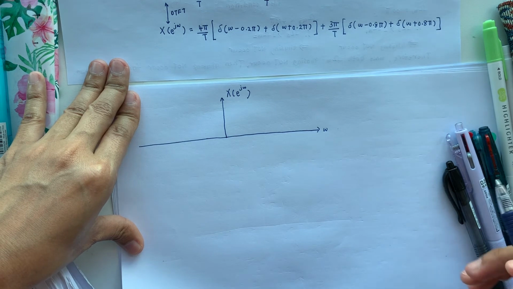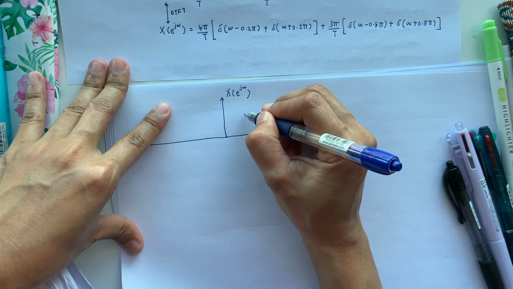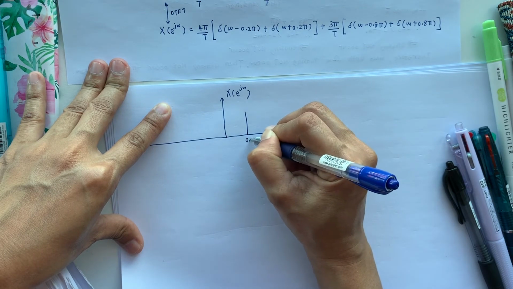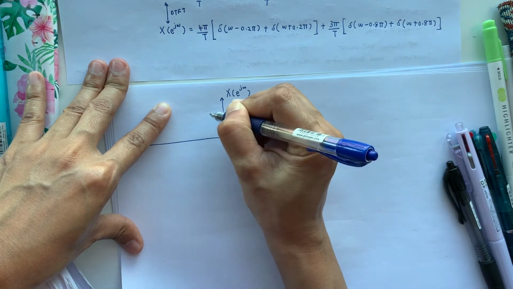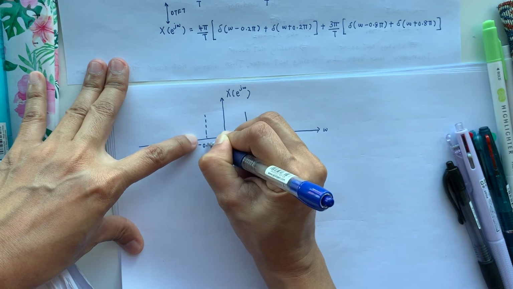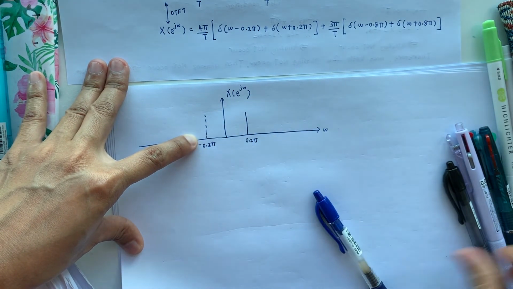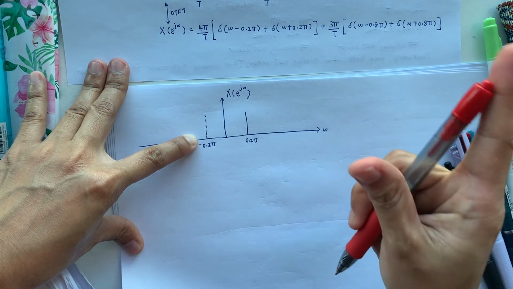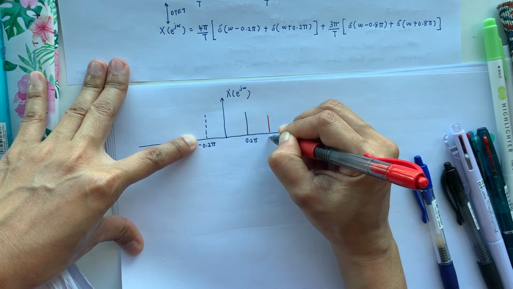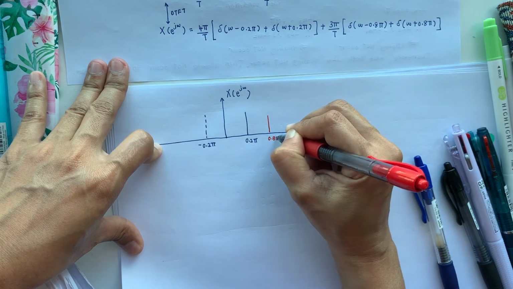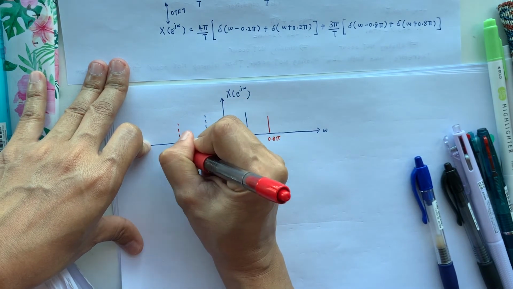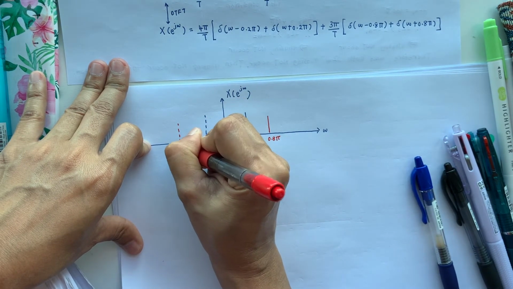So first we have at 0.2 pi, and then minus 0.2 pi, and then we have 0.8 pi, and then another one at minus 0.8 pi.